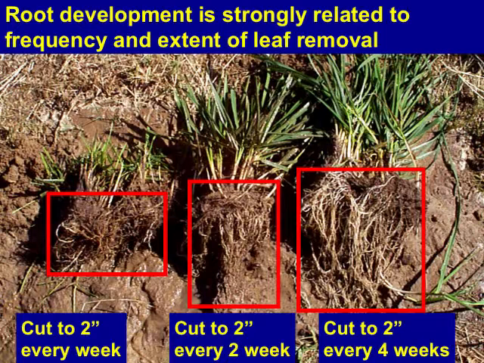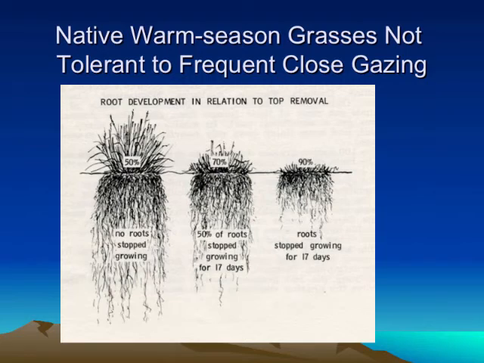But for good non-toxic fescue, I would say 4 weeks is the short during the summertime, not in the spring. But I'd let that go as much as 6 weeks. And of course, for stockpiling, it may go longer than that, as you all know. It depends on what you're trying to do.